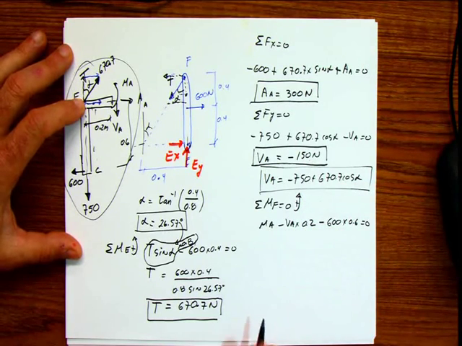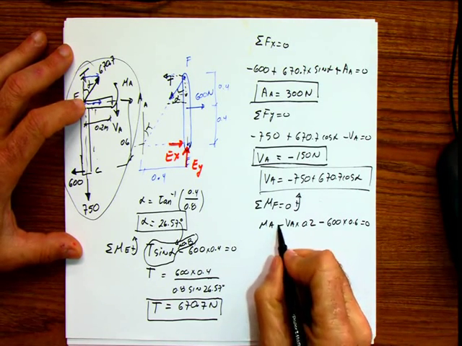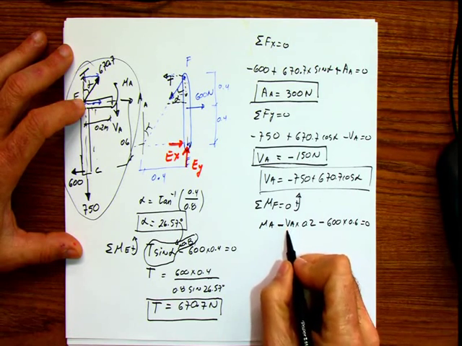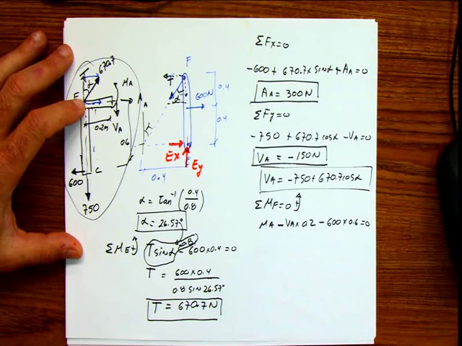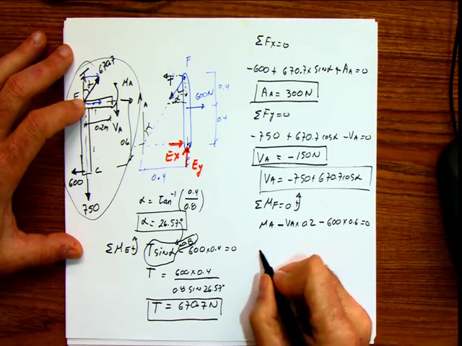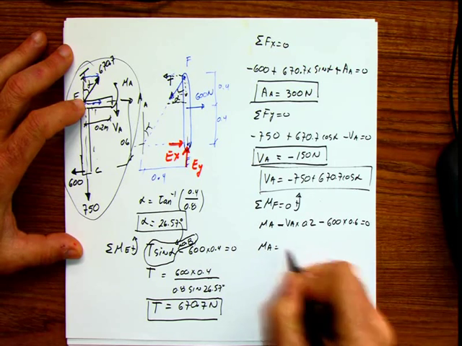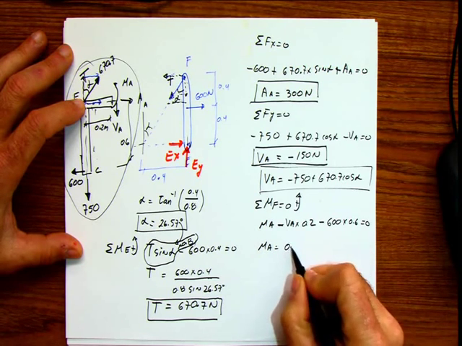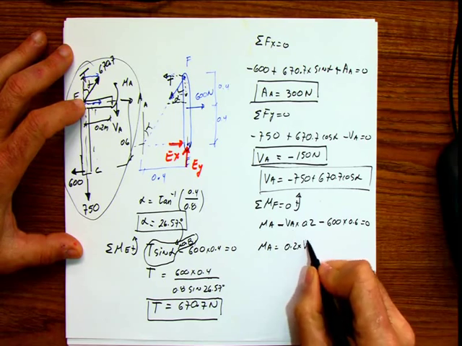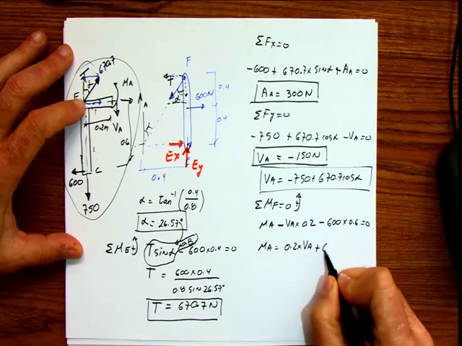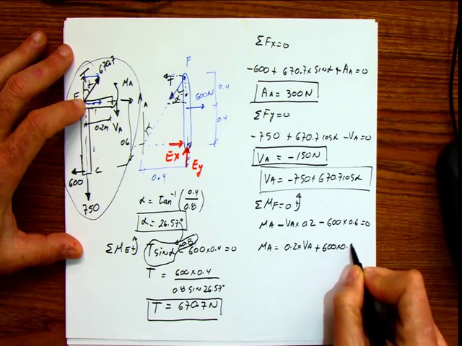Careful here, very careful here. You have to have a lot of care and be extremely cautious with this one. Once again, I advise you to solve for MA. So MA is going to be equal to 0.2 times VA plus 600 times 0.6.